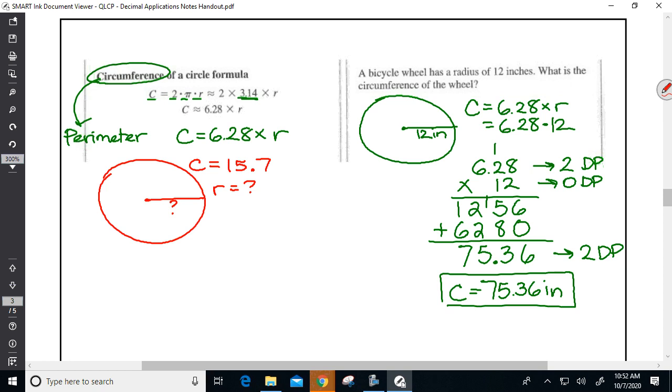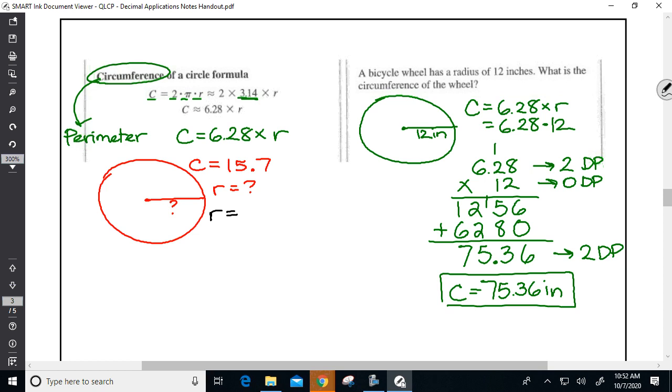So instead of multiplying, we're going to divide. So it all depends on what you started with. If you're starting with the radius and you're looking for the circumference, you multiply. If you're starting with the circumference and you need to get the radius, you divide.